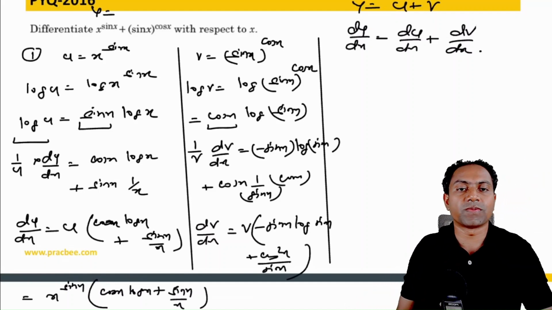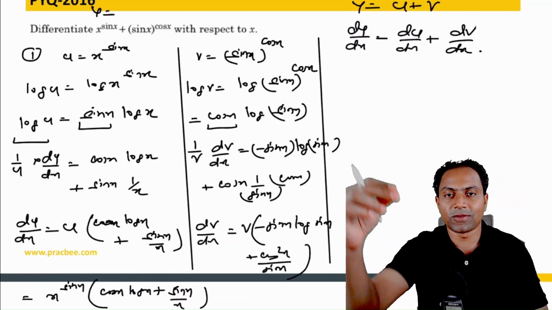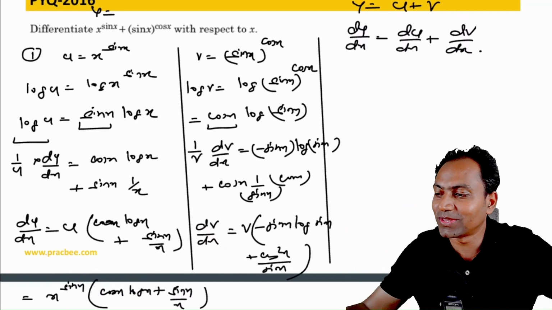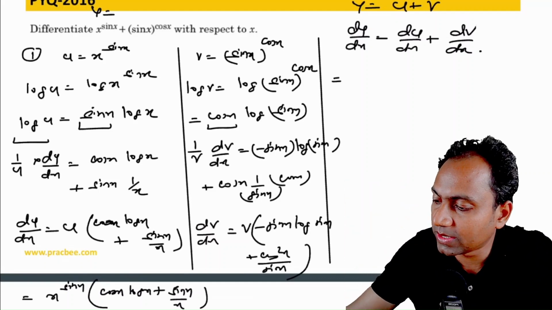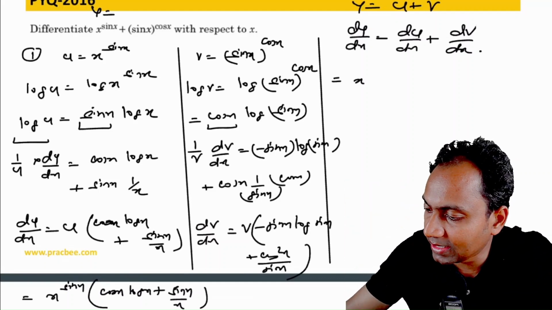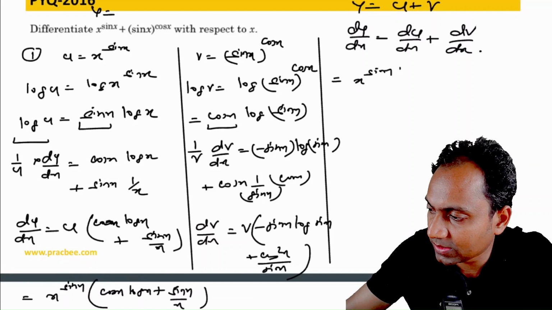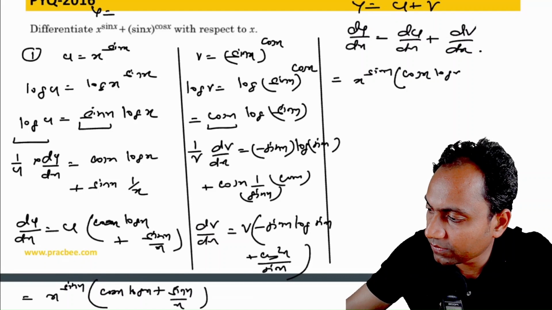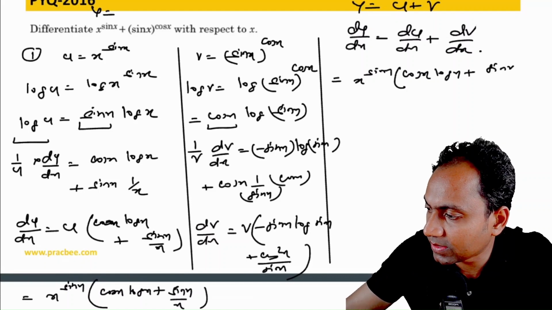So the next step is very simple. All we need to do is take this value of du by dx and substitute in the earlier part. And if I do so, I am getting a slightly big answer, that is x raised to the power sin x into cos x into log of x plus sin x by x.